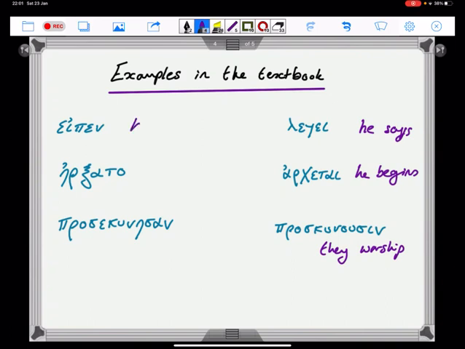Eipen, he said. Erxato, he began. Prosekynesan, they worshipped. So what you've got here is simple past tense. It's something that's happened in the past.